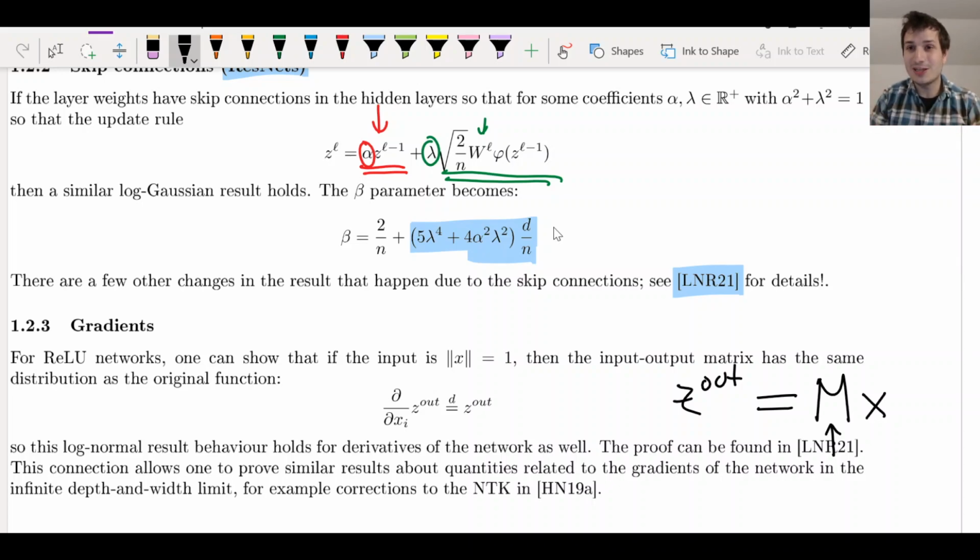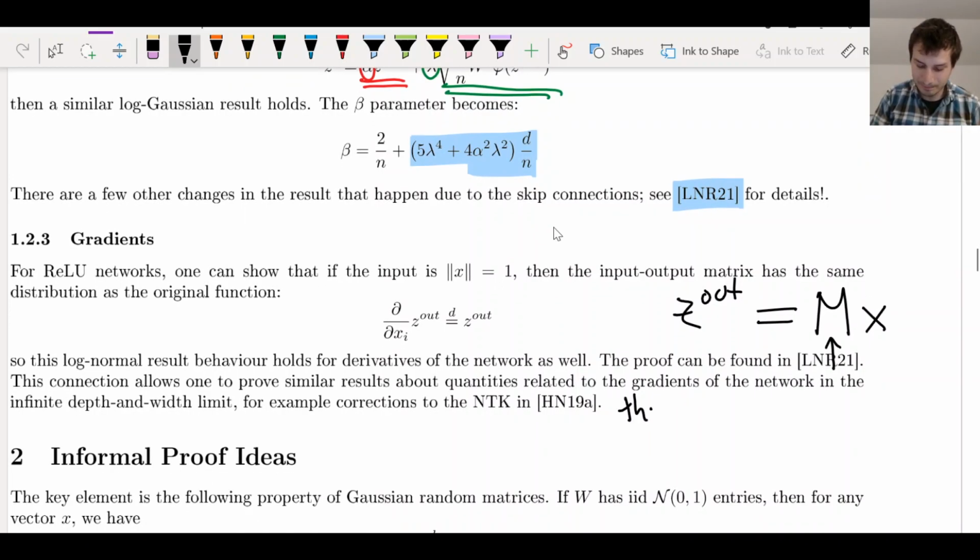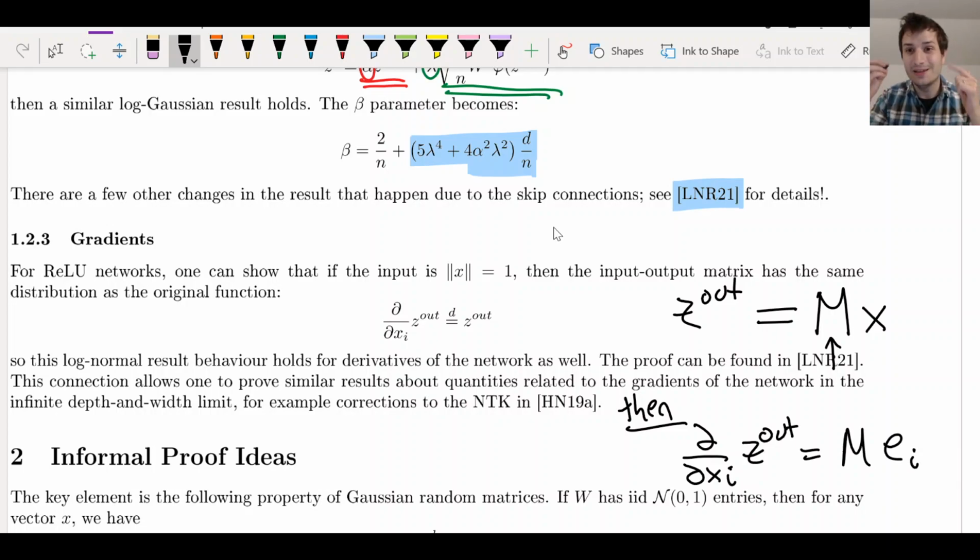But the punchline is that if z out is locally M times x, then the derivative with respect to any input, d/dx_i of z out, is the matrix M times the unit vector e_i. And because z out is M times x, and the derivative is M times e_i, that means that the behavior of the derivative is very much like the behavior of z out. You just have to analyze the same random matrix for both, and if you can do that, you can get the result. So that's why this kind of result holds.